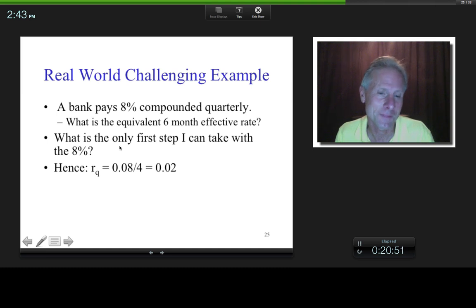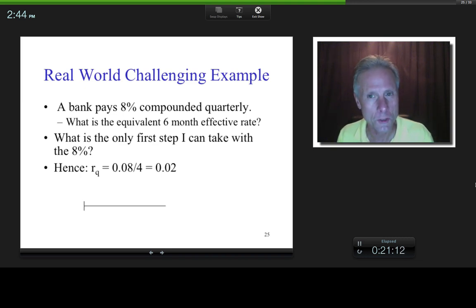So just by definition, I divide by 4, and now I have my effective quarterly rate. So what does it mean that the effective quarterly rate is 0.02? That $1 grows into how much after how long? Grows into $1.02 after 1 quarter.